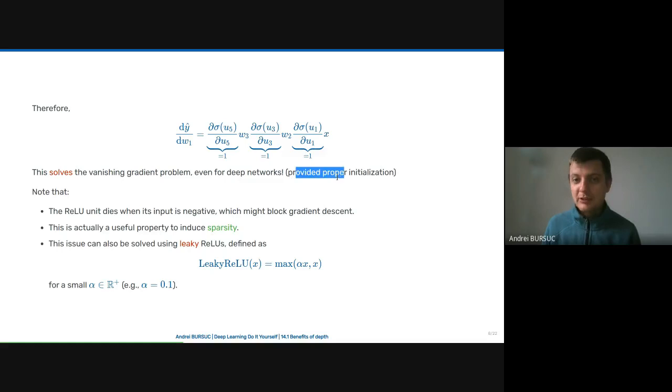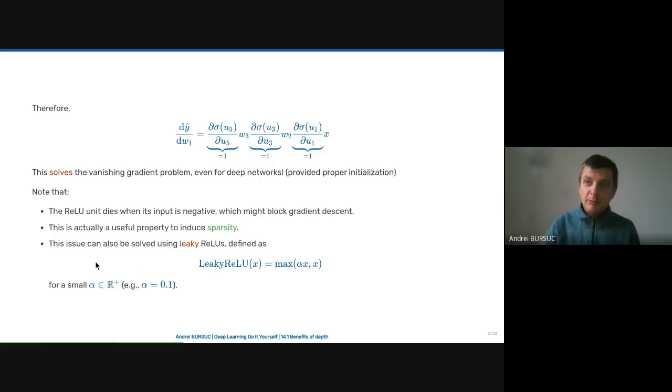Again, provided that we have a good initialization and the weights and biases lead us to activations which allow us to actually compute non-zero gradients. What we should note here is that the ReLU unit dies when its input is negative: it puts 0, and this blocks gradient descent. But on the other hand, it induces sparsity in the network, which is actually a good property.